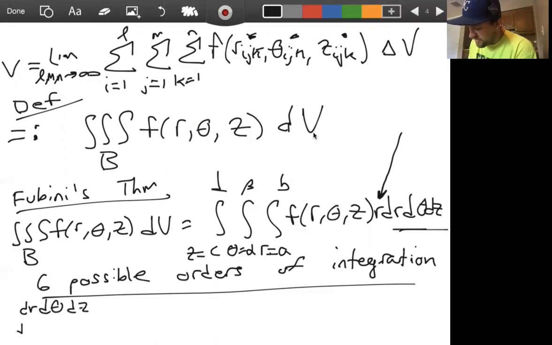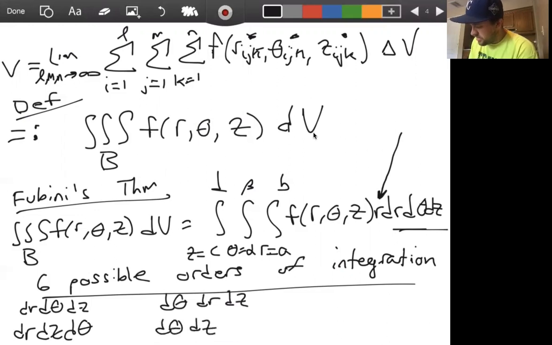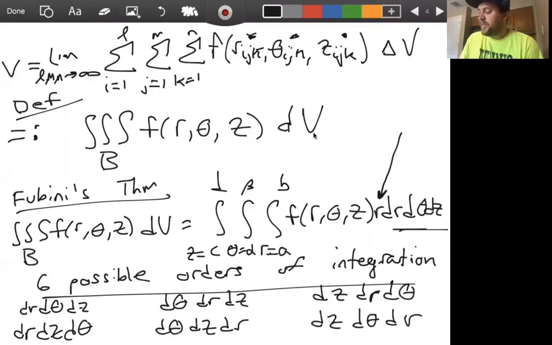We also have dr dz d theta, d theta dr dz, d theta dz dr, and then we have dz dr d theta, and dz d theta dr. And so you can set up your integral in whichever of these is the most convenient for a given scenario.